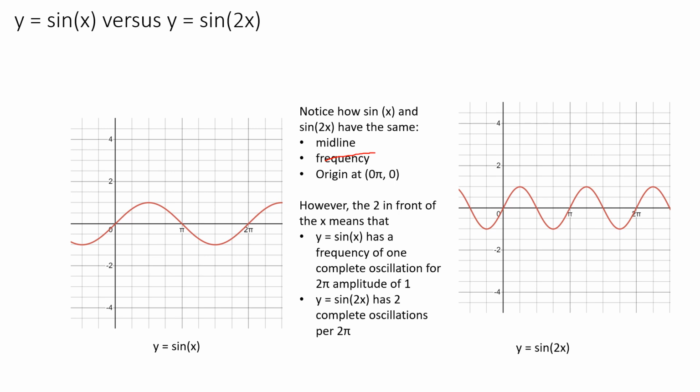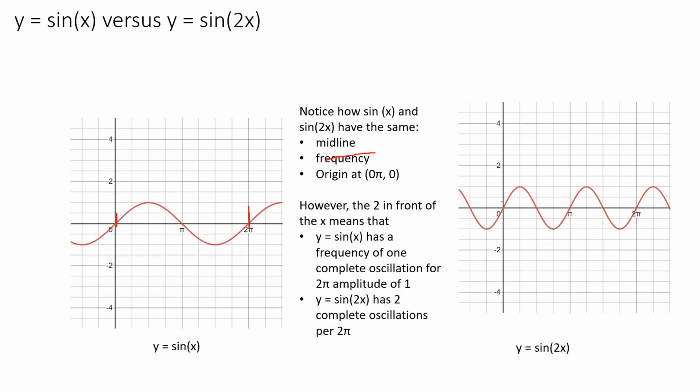But what it does mean is that sine 2x takes half as long to make one complete oscillation as sine x does. We start here, and all the way to 2 pi, sine x only makes one complete oscillation where we start over.